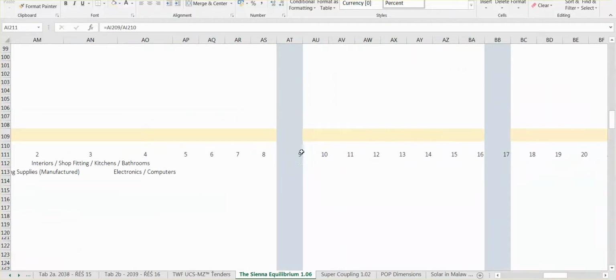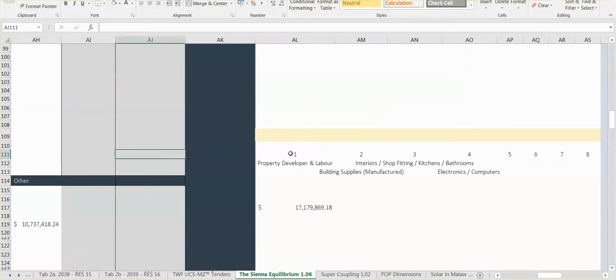I've really just started this, and the idea here is that for each sector, so we've got sector 1, property developer, sector 2, interiors, sector 3, and so on, we look specifically at the money that has been spent by one sector going to all the other sectors.